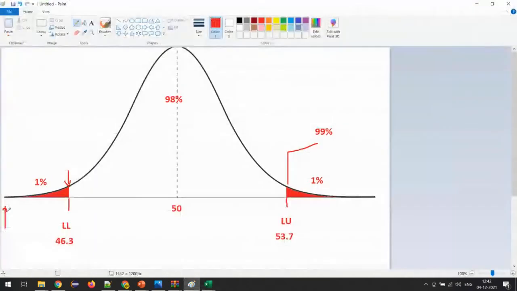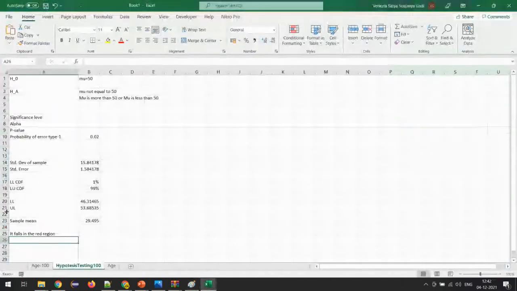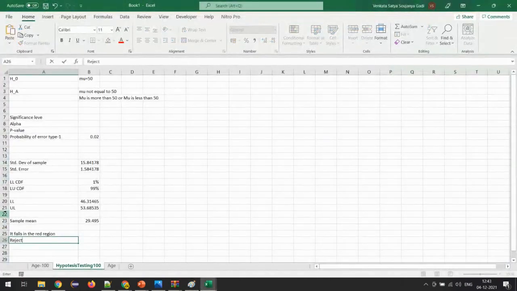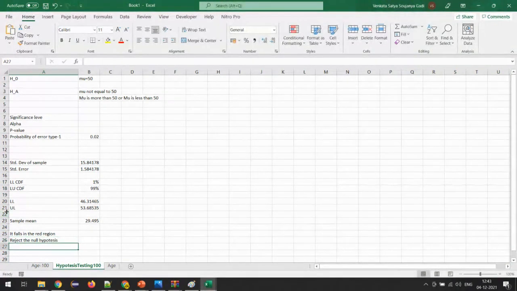So what do we do? We reject the null hypothesis, or we fail to reject the null hypothesis? We reject. Yeah, we reject the null hypothesis. So we reject it, right?